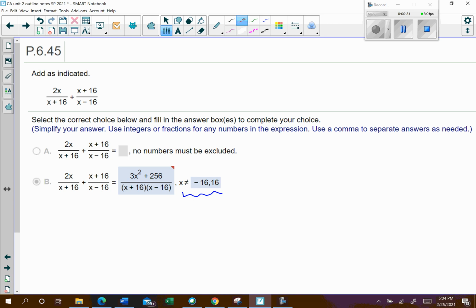So what we're going to do here is get a common denominator, and the LCD is just going to be the product of our two denominators, x plus 16 and x minus 16. And so what we're going to do is introduce each part that's missing. So on the first one, let me color code this.